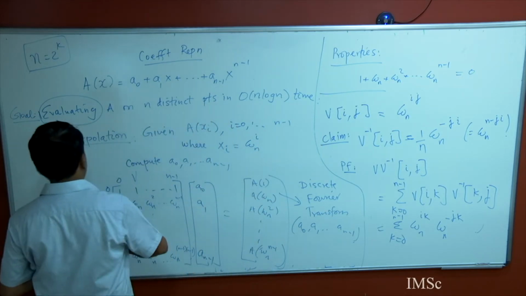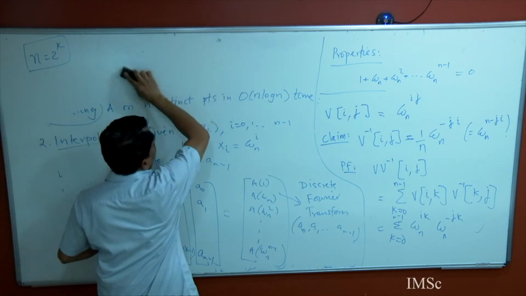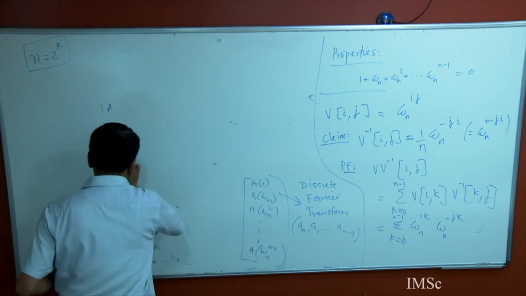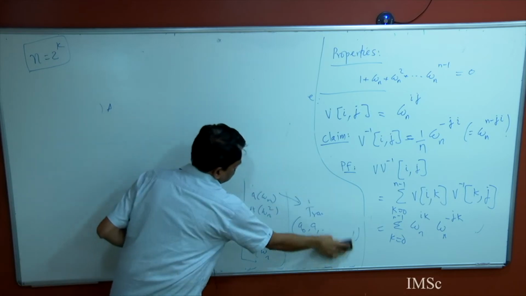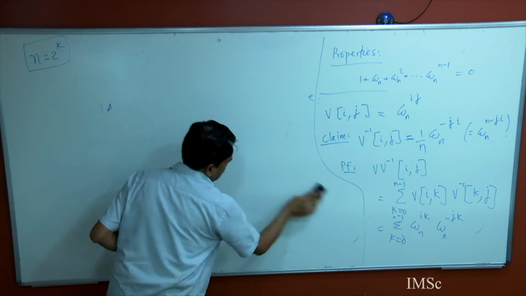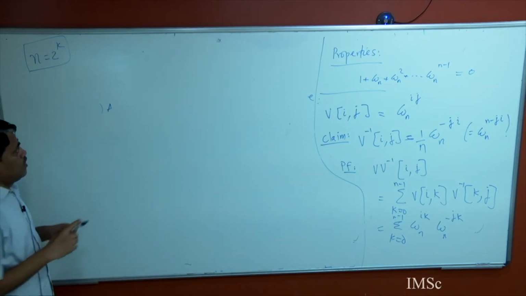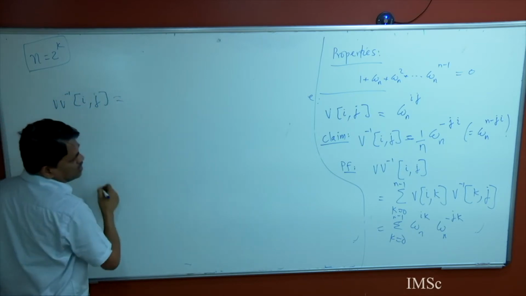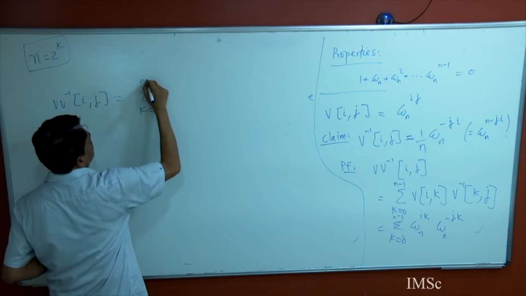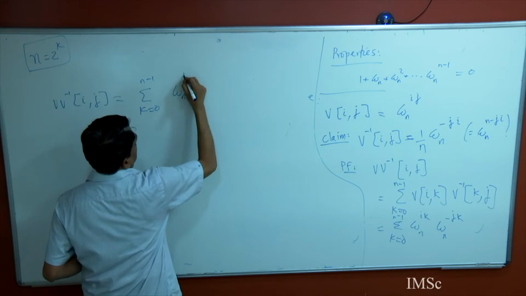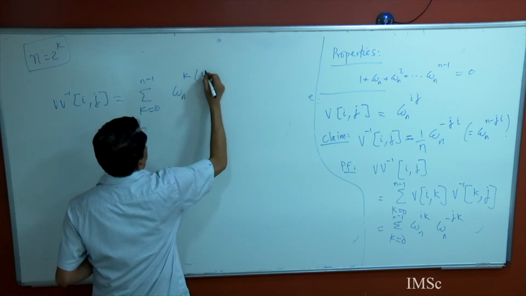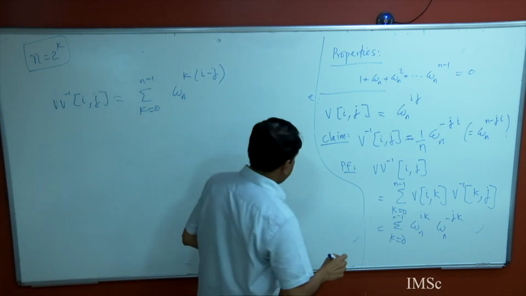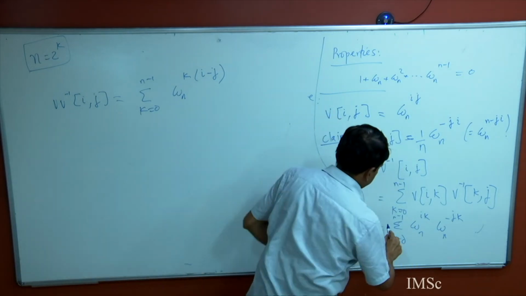So the ijth entry is the summation over k from 0 to n minus 1 of omega_n to the power k times (i minus j), and there is a 1 by n as well.